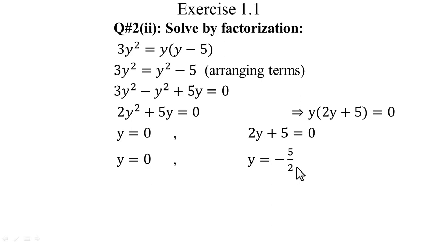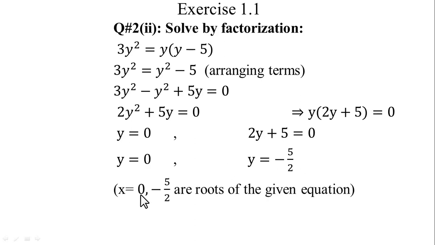So y is equal to 0 or minus 5 upon 2 are the roots of the given equation. So the solution set of this required equation is 0 or minus 5 upon 2.